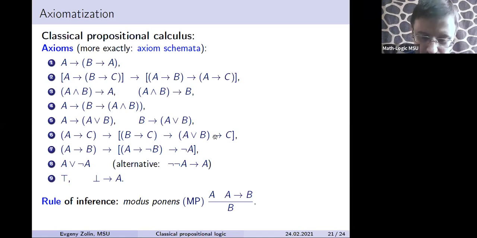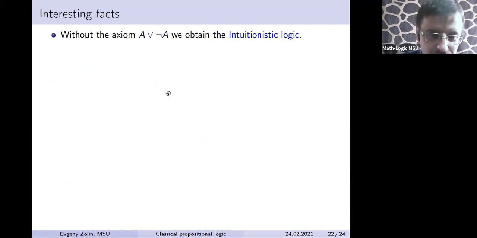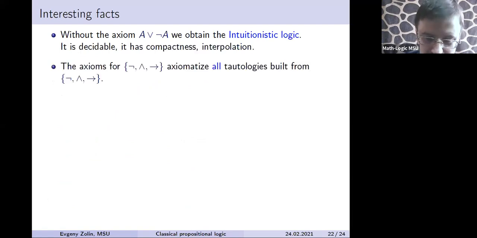It will allow you to prove all tautologies with negation, implication, and conjunction. So a kind of modularity.